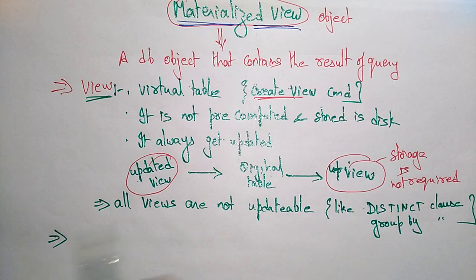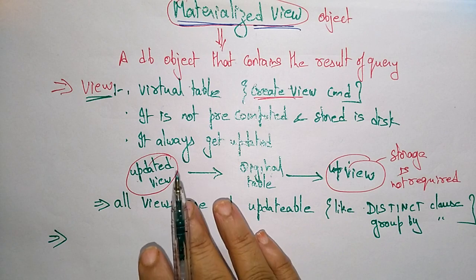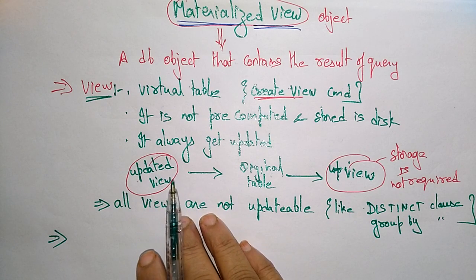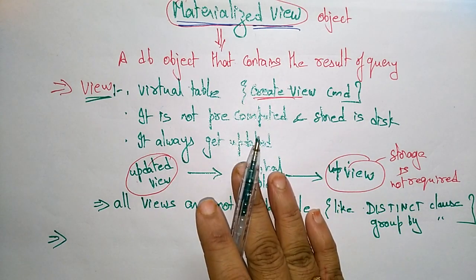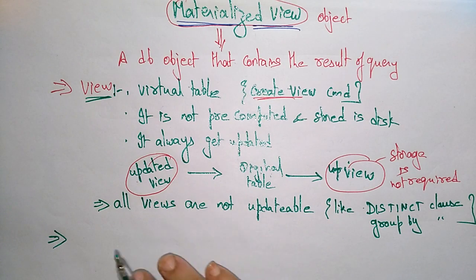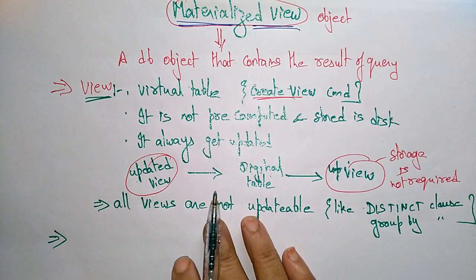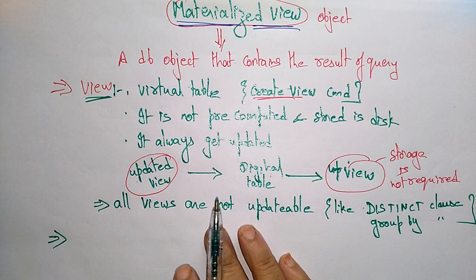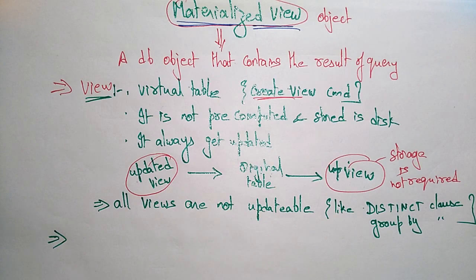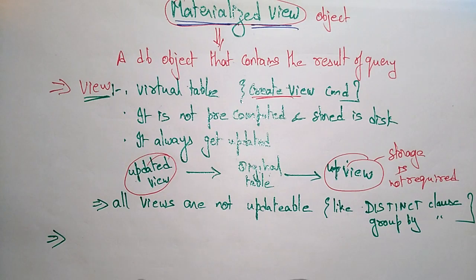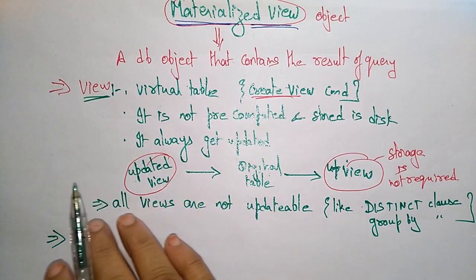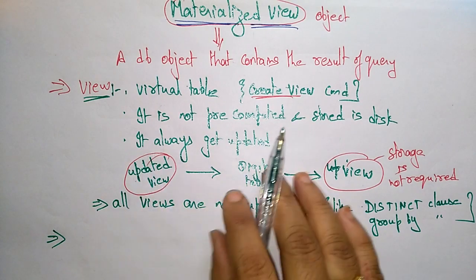And this will not be pre-computed. The main advantage of the view is that no storage space is required for it. It is used when you want to hide the details from unknown persons, so you create views.